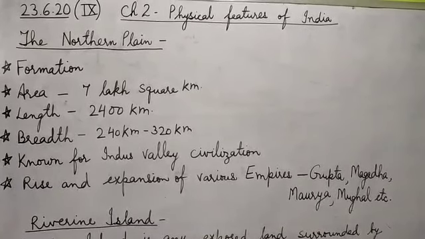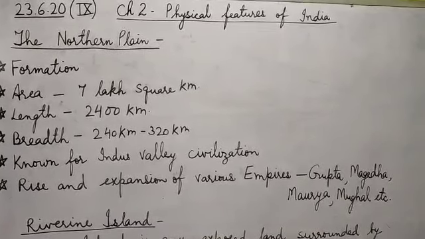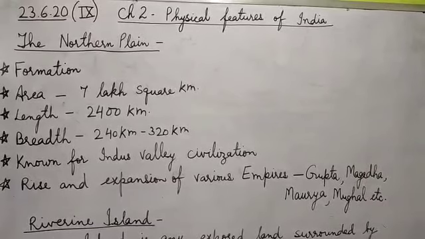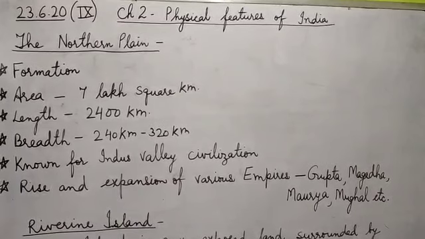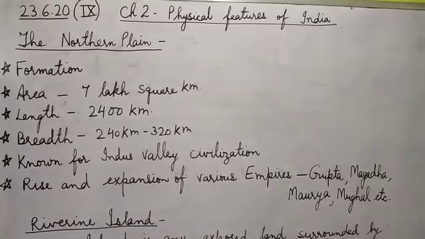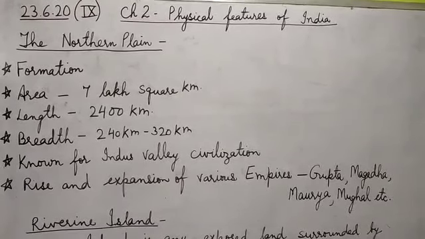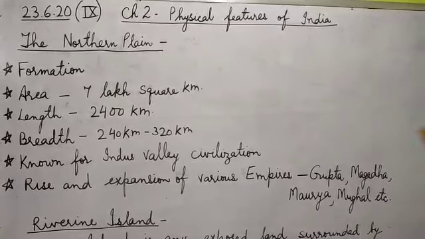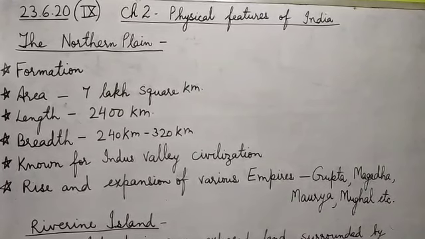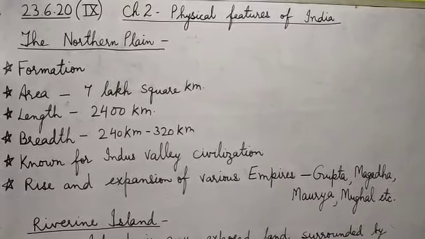They hold social and religious significance, with vast literature, art and architecture, and sacred rivers too. The rivers in the plains are navigable, which allows easy transportation and thus promotes trade and commerce. So this shows the significance of the northern plain of India.